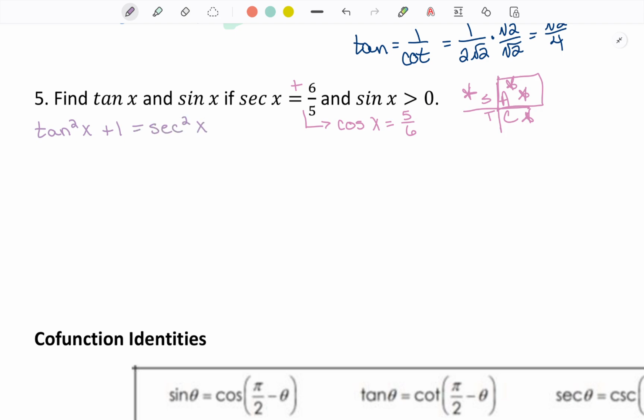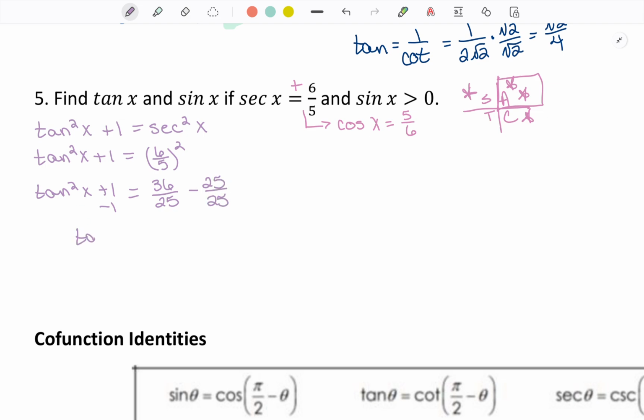So we know what secant is. So we have tangent squared x plus 1 equals 6/5 squared. And 6/5 squared is 36/25.